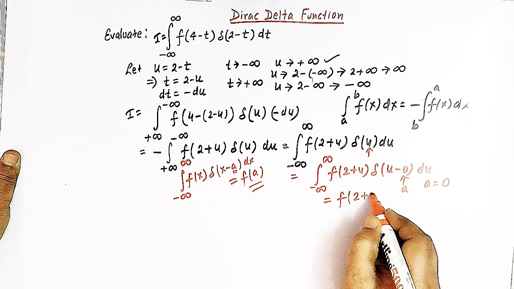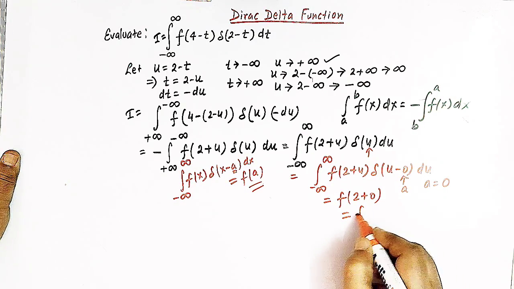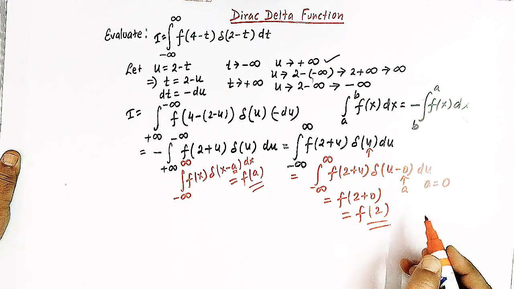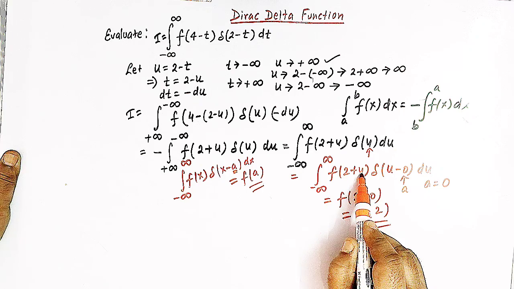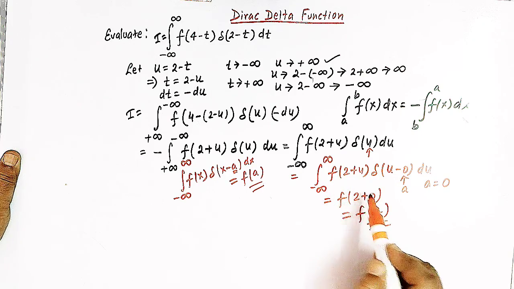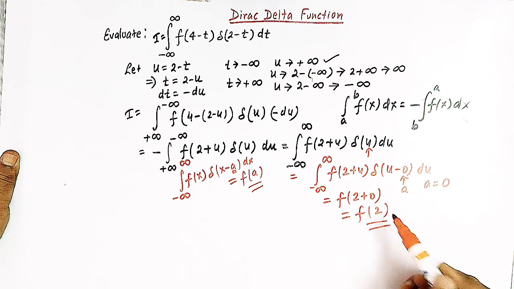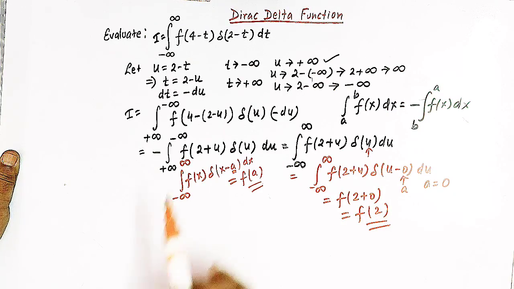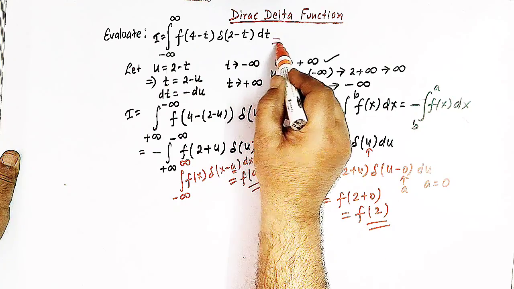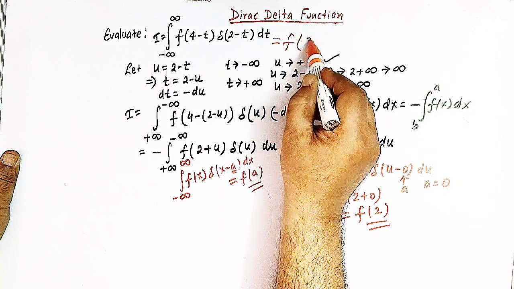Taking u is equal to 0, f of 2 plus u takes the form f of 2 plus 0, that is equal to f of 2, right? So the value of this integral is equal to f of 2.